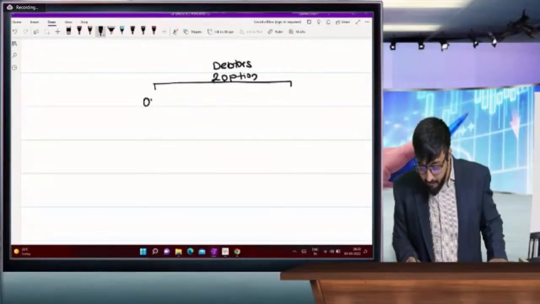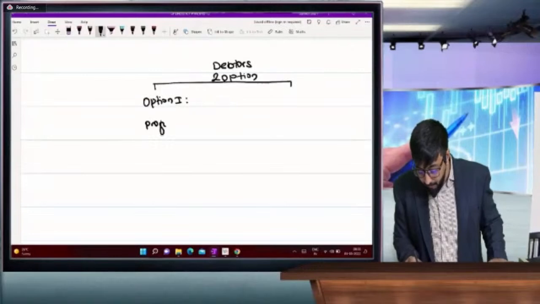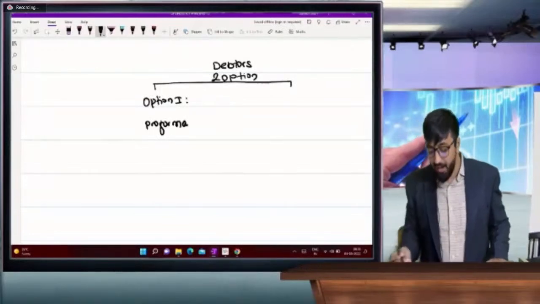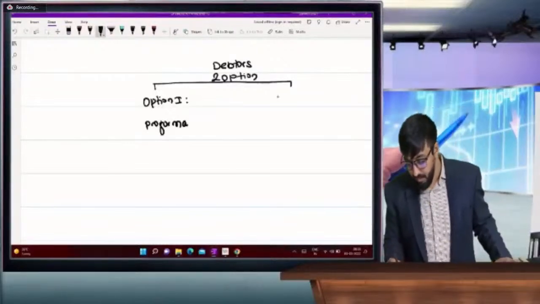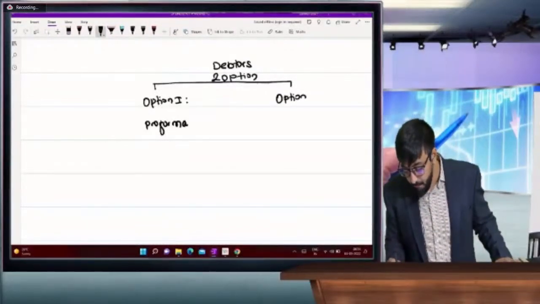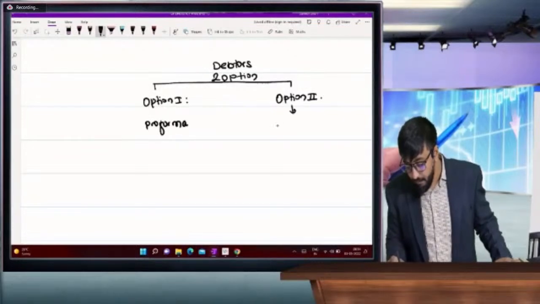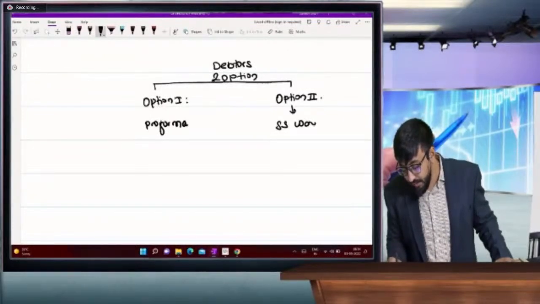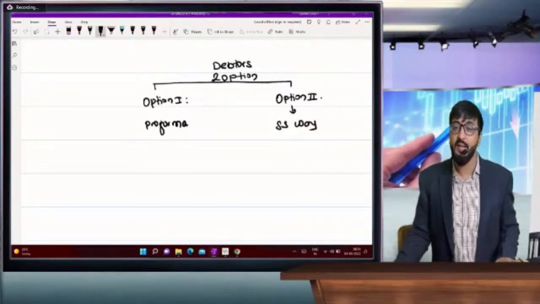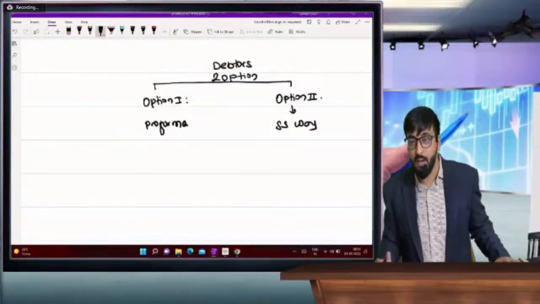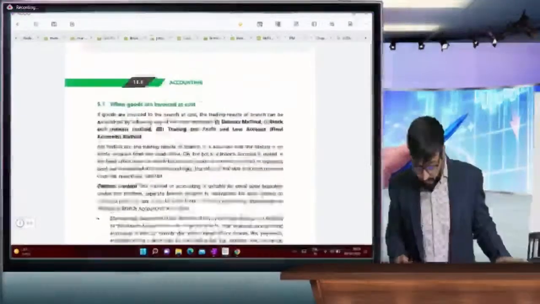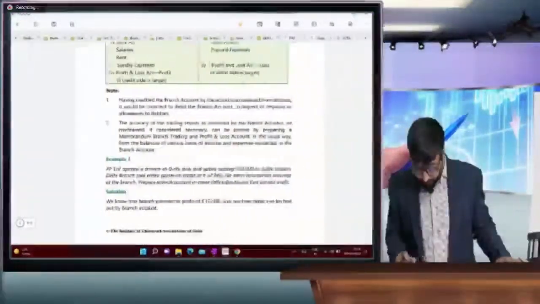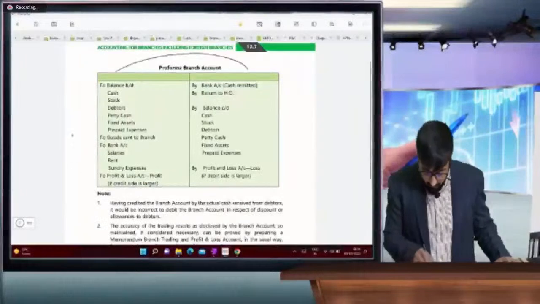Option number one, learn the pro forma by heart. This is your option number one. And option number two, SS way, Sanket survey. In that case, you don't have to learn the pro forma by heart. See, in the study material, the debtors method pro forma is given.